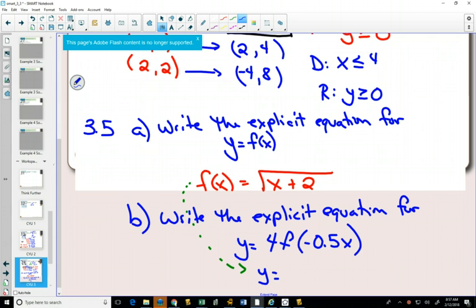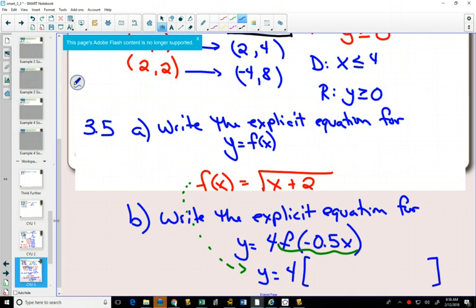I'm writing the explicit equation. That 4 is going to stay a 4. And we might even want to put a big set of brackets here, because now we have to replace this f of negative 0.5x with something. We know that f of x is the square root of x plus 2.